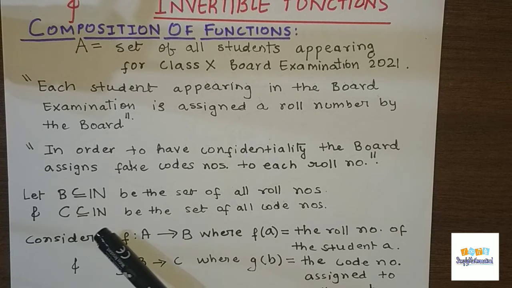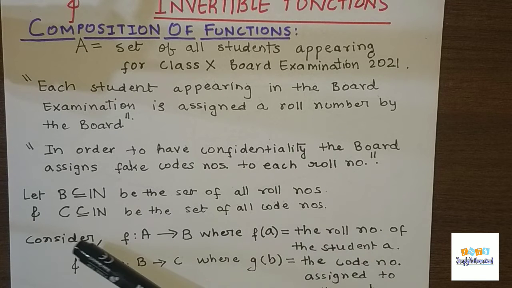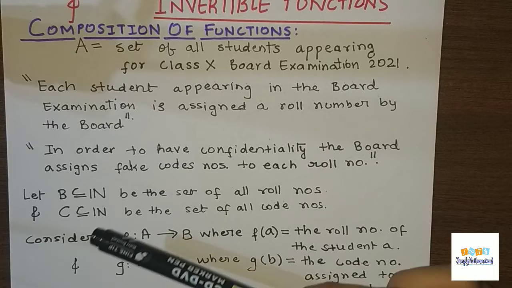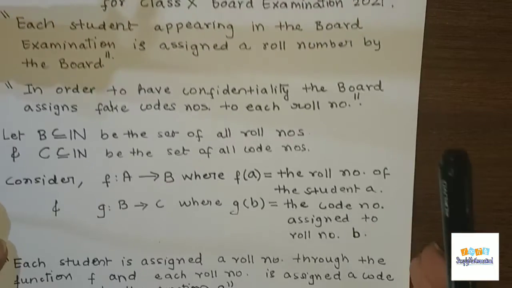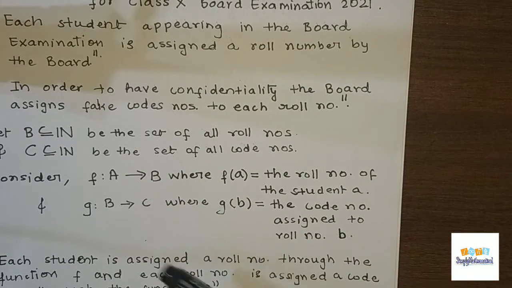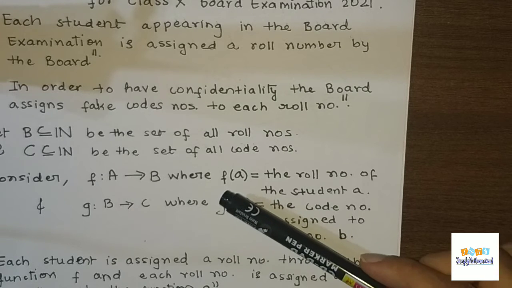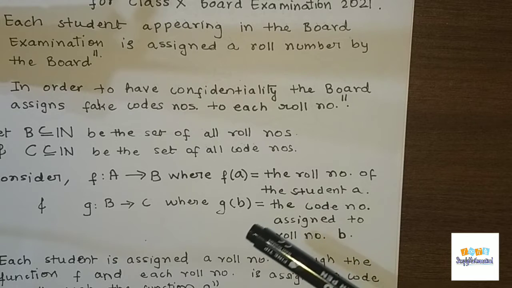Also the set C, which is nothing but the set of all code numbers, is also a subset of the natural numbers. So that means the codes which are assigned to the roll numbers are nothing but natural numbers. Now what you do is you consider the function f going from A to B, where the function f is defined in this way: f of a is equal to the roll number of the student a.